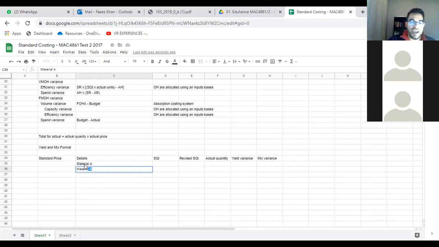So therefore, we can have a mix and a yield. So we have material A, we have material B. Let's make up a number. The standard price is 10 Rand, and let's assume it is in meters. So 10 Rand per meter and 12 Rand per meter.